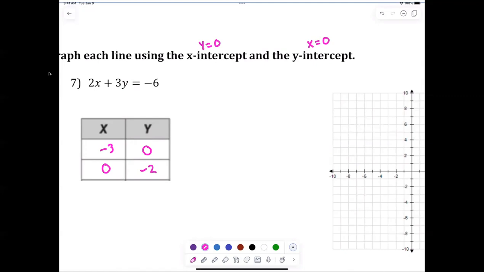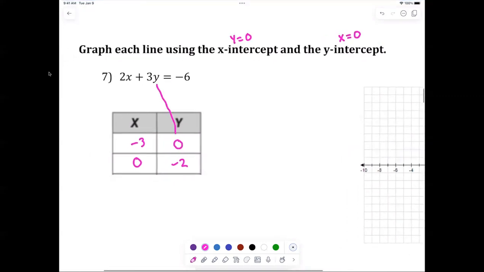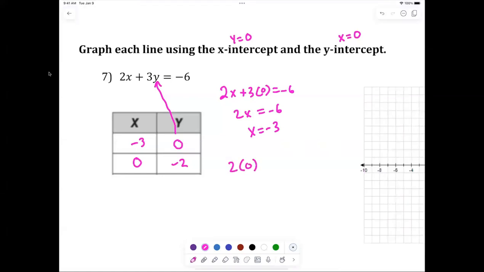Because if I plug 0 in for y, I get 2x plus 3 times 0 equals -6. 2x equals -6. X equals -3. You see what I'm saying? And the same thing with the other one. 2 times 0 plus 3y equals -6. 3y equals -6.